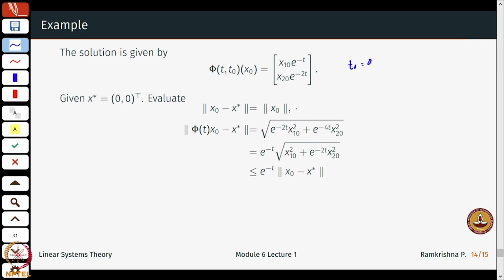This is from previous. So what does the solution satisfy? Phi t x naught minus x star is just bounded by e power minus t. So it decays at a rate of lambda equal to 1. These 3 steps can be easily verified. I am just computing the 2 norms here, so that should be easy.